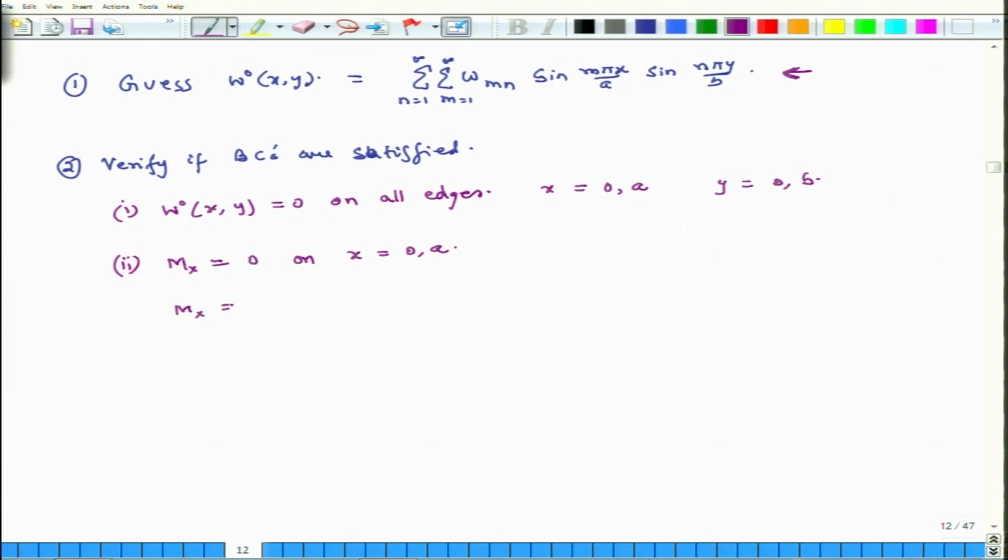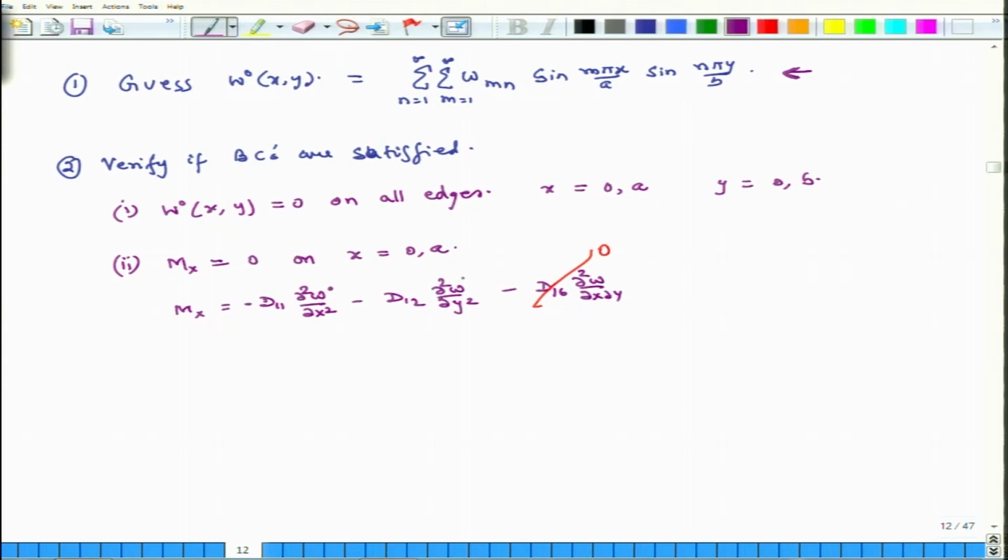Mx is equal to d11 del 2w over del x square minus d12 del 2w over del y square minus d16 del 2w over del x del y, but d16 is 0 because of the lamination sequence. So, it is d11 second derivative of w in x plus d12 second derivative of w in y.